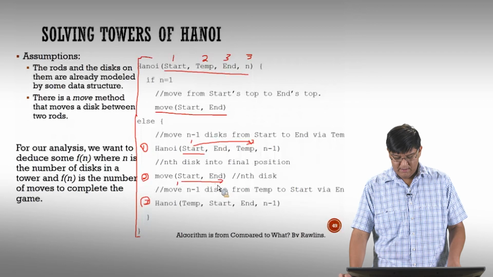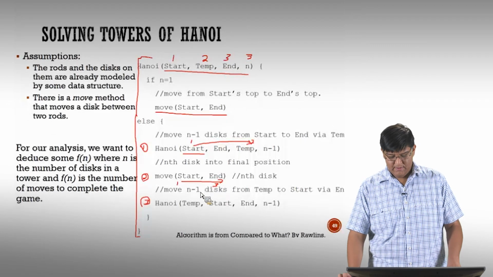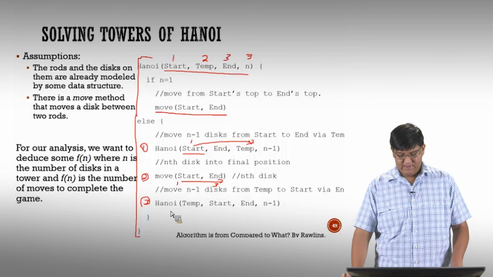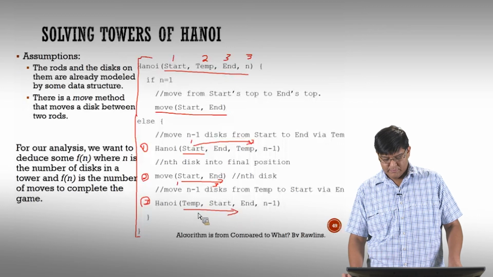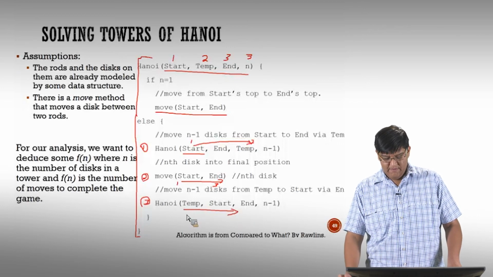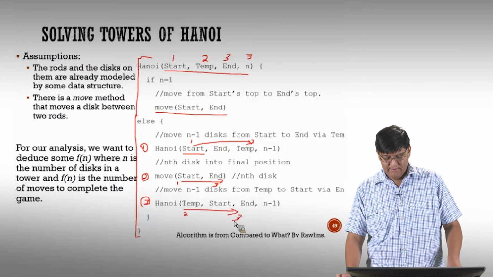Then we can go over here and say, okay, I need to finish my work, which is to go from the middle point, the temp, which is number 2, over to number 3.